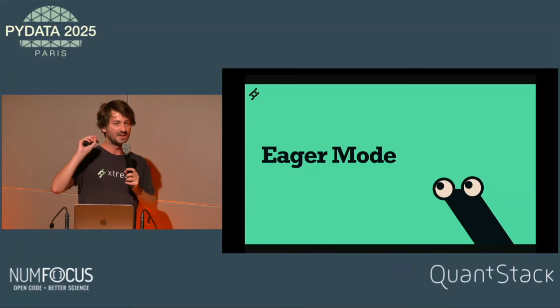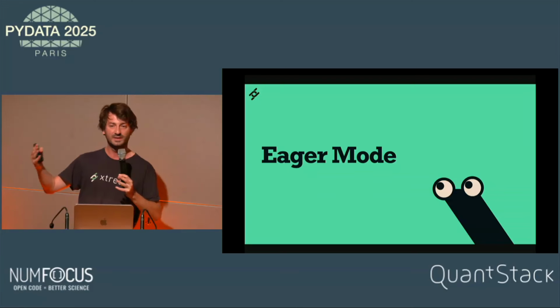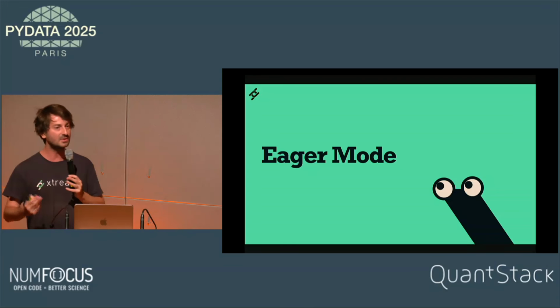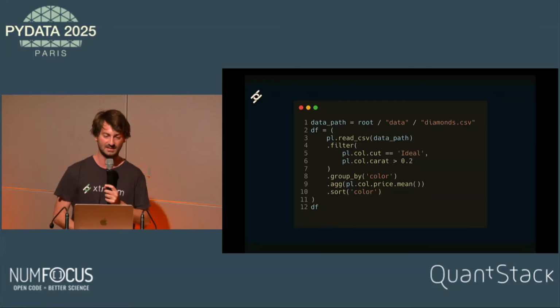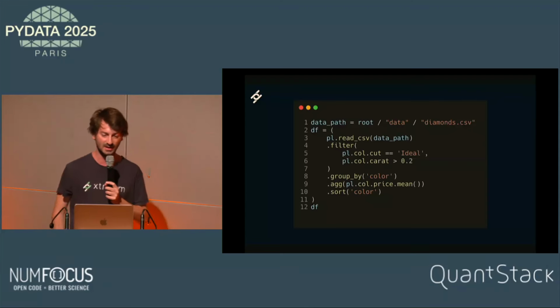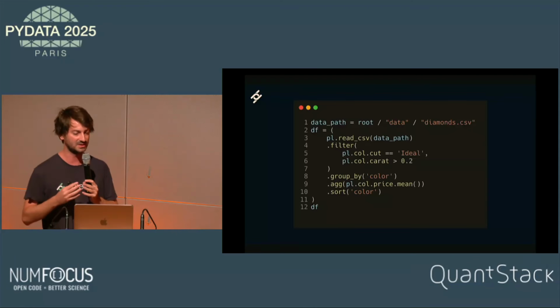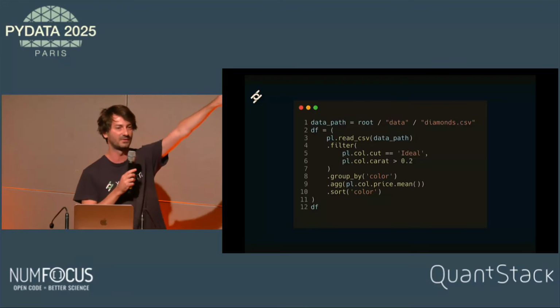Polars has basically 3 main operating modes. We will check out all of them today. The eager mode is the easiest one, and it works like this. You read a dataset from some source, you perform a series of transformations, and you store everything in a data frame. This is not different from Pandas.